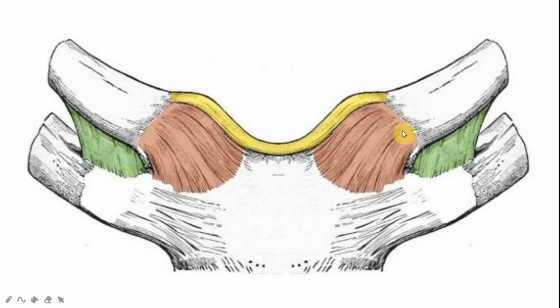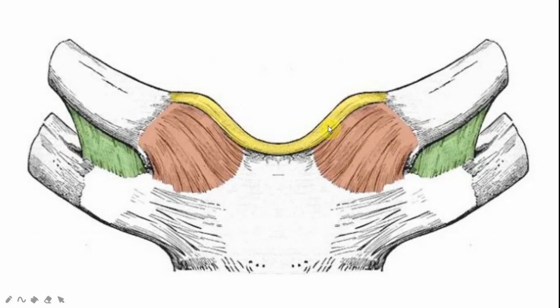There are mainly two components: the anterior sternoclavicular ligament and the posterior sternoclavicular ligament, that we cannot see from here. And also there is the ligament between the first costal cartilage and the medial end of the clavicle. This is the costoclavicular ligament, or you can call it the chondroclavicular ligament as well. So the stability of this joint is determined by the integrity of these ligaments.